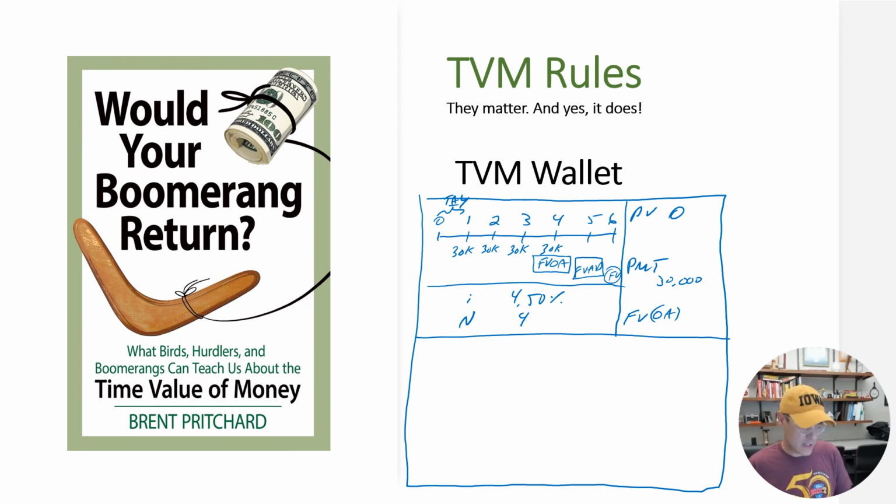And when we calculate that, we get negative $128,345.73. So that's the first TVM wallet. Let's move down to the second TVM wallet.